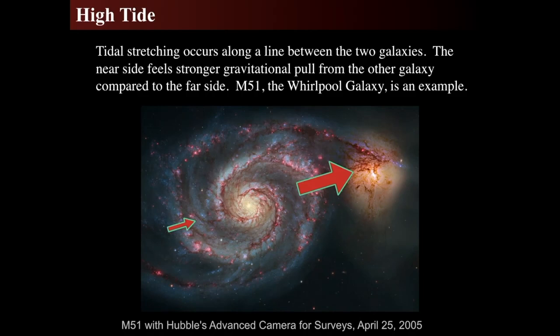And in so doing, when there are interactions, you should expect to see massive amounts of star formation, which is what you do see. See all those pink glows? That's because of the shocks that are occurring because of the tidal interactions, which are causing the gas clouds to merge and collide and form stars rapidly. So you get tidal stretching along the line between the two of them.